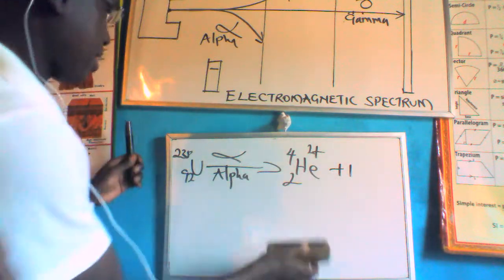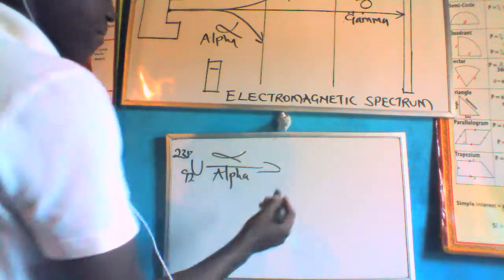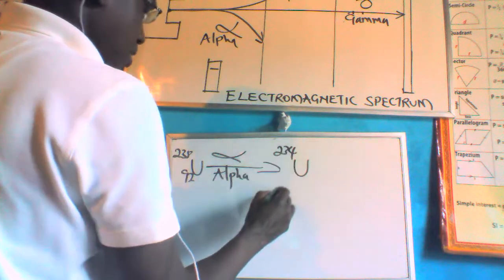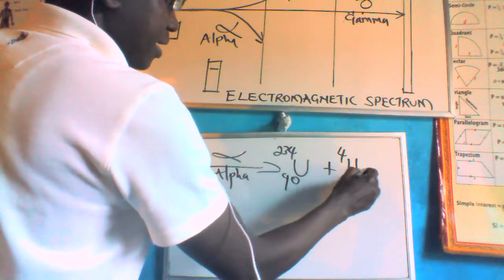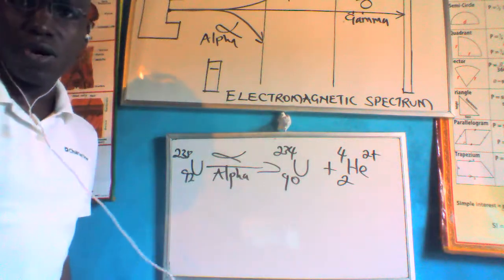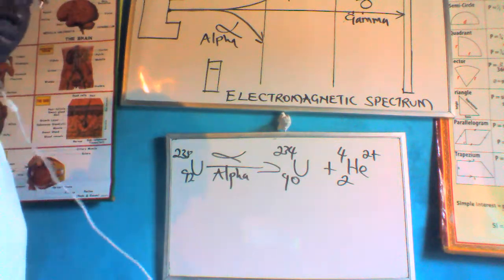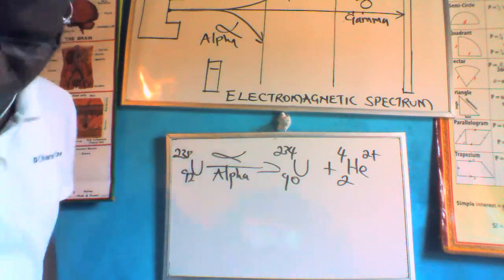And as it emits the energy, we find that the mass number is reduced, uranium to 234 and 90, signifying that actually what has happened is a mass number of 4 has been lost and atomic number of 2 has been reduced. So that is a representation of what happens during the alpha emission.